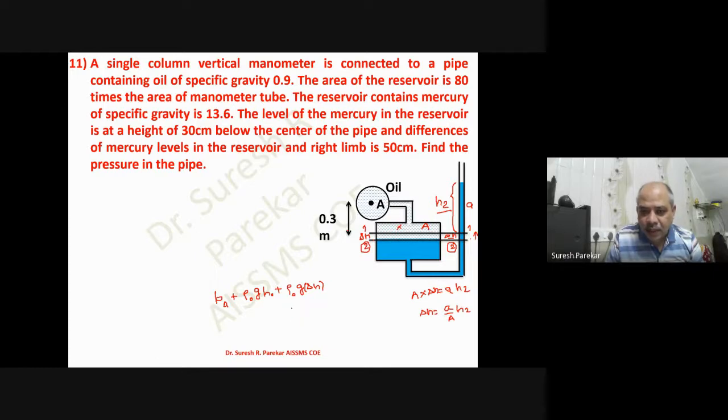Then we have this equal to rho mercury g into H2 plus delta H. Now if you rearrange the terms, I will get PA equal to rho mercury g H2 minus rho oil g h oil, I will say this is the depth of oil.